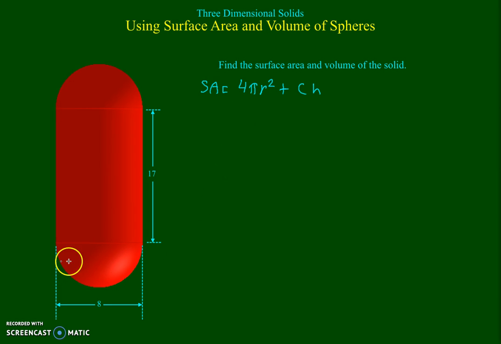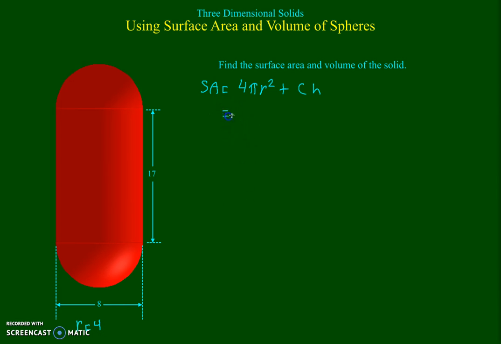If you look over here, this distance is 8. That means that the radius of the sphere is going to be half that value. We'll just assume that that's a diameter of the sphere. So our radius is 4. So we'll just put down a radius of 4 here.